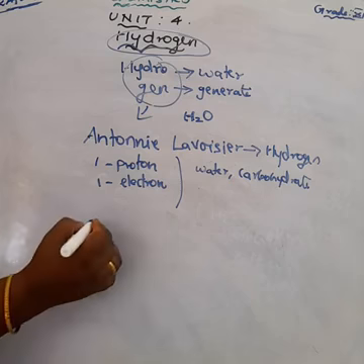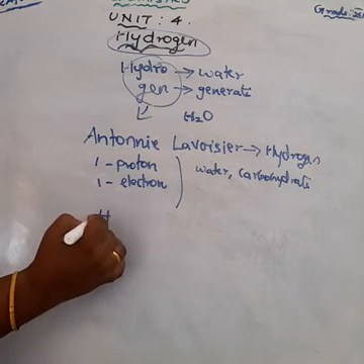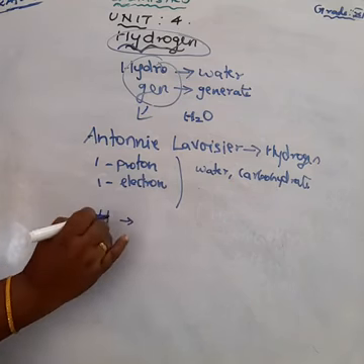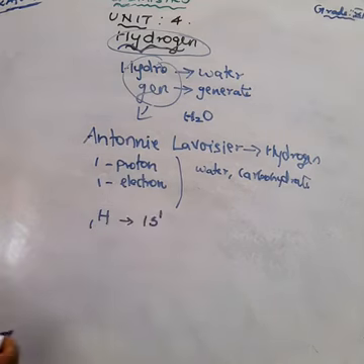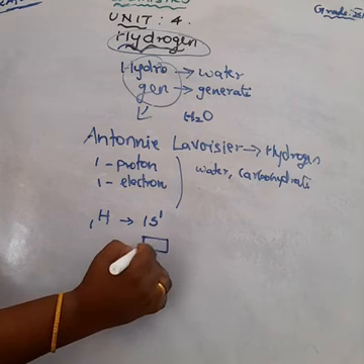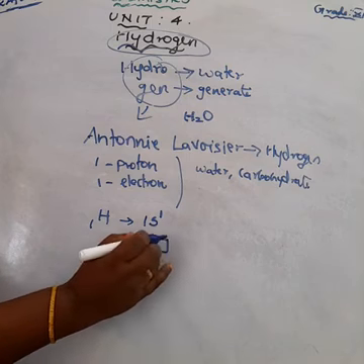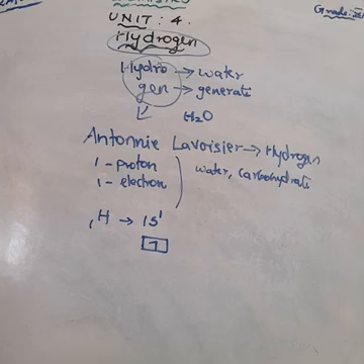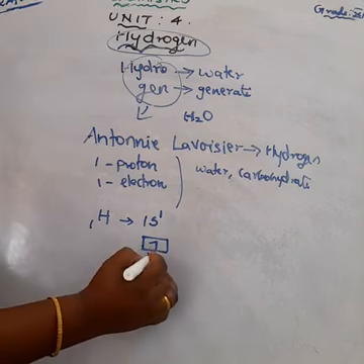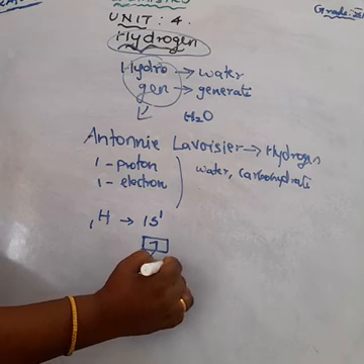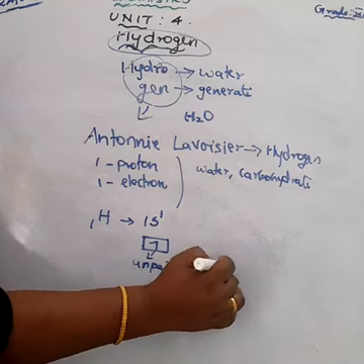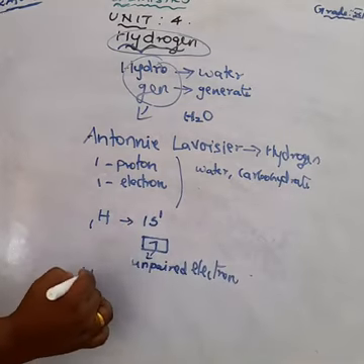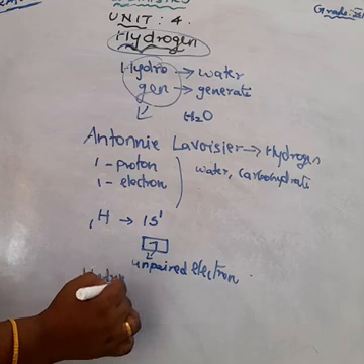The atomic number of hydrogen is 1, electronic configuration 1s1. Only one s orbital is present in the hydrogen atom, with only one electron, which is unpaired. Because of this unpaired electron, hydrogen is very reactive.